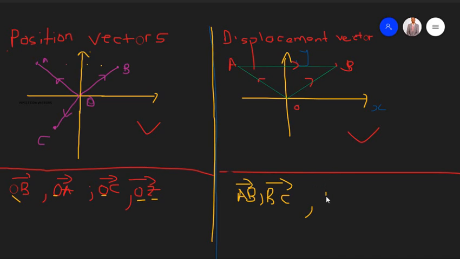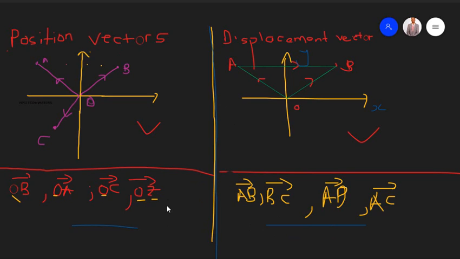Then you can also denote them by saying AD, and let's say AC. That's displacement vectors. You can now clearly see the difference between displacement vectors and position vectors.